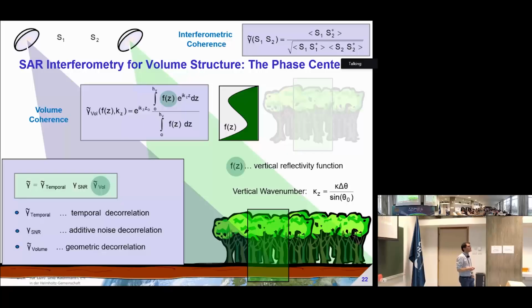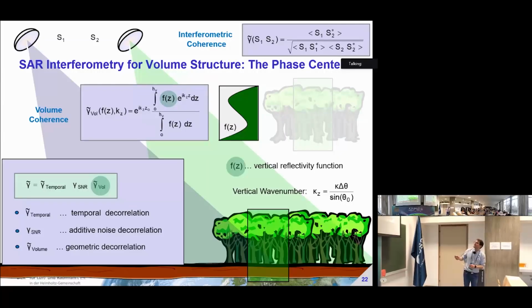But of course, if you have a surface, it's easy. It's the height of the surface. You have nothing else. You just scatter at that height. What if you have a volume? If you have a volume, you have a reflectivity function. This reflectivity function is extended between a ground and a top.